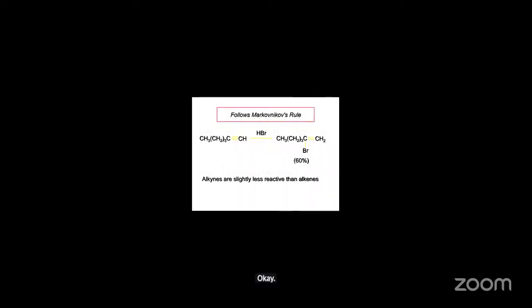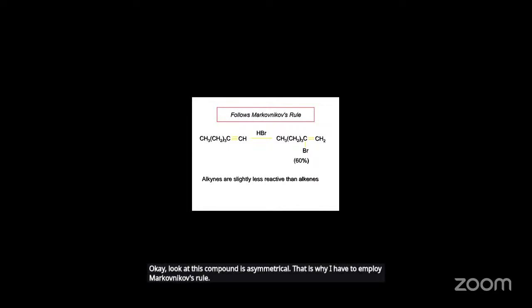If the compound is symmetrical, Markovnikov's rule does not apply. It only applies when a compound is asymmetrical. I hope that is well understood. Okay, look, this compound is asymmetrical. That is why I have to employ Markovnikov's rule in forming the product.